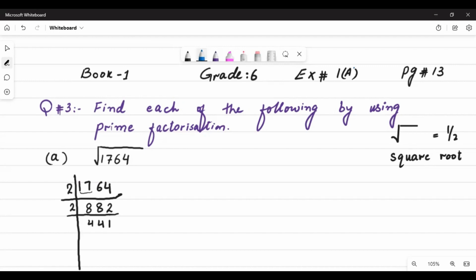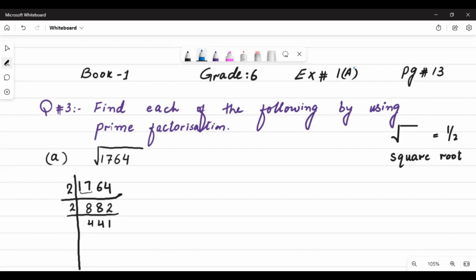Now you can see that my last digit is 1, and we know that 1 is not divisible by 2. The next prime number is 3. 4 plus 4, 8. 8 plus 1 is 9. That is the divisibility rule of 3: if you add all the digits and the sum is divisible by 3, then the number is divisible by 3.